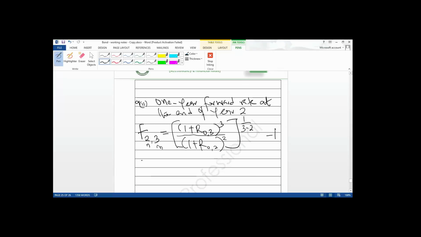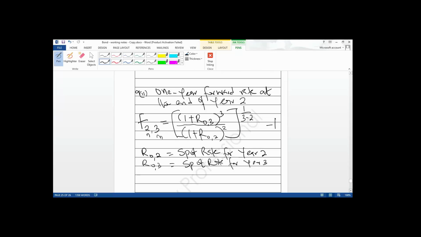Here we require R0 2 spot rates for year 2 and R0 3 spot rates for year 3.